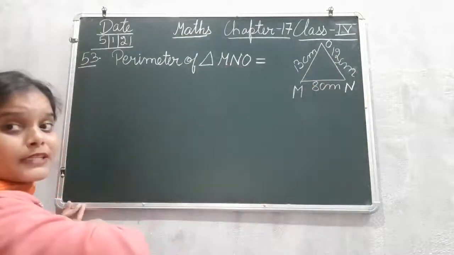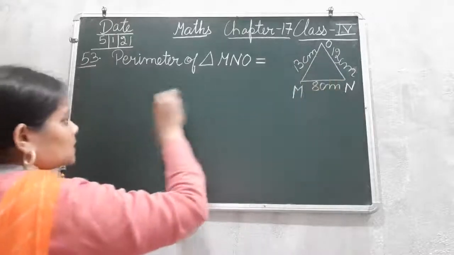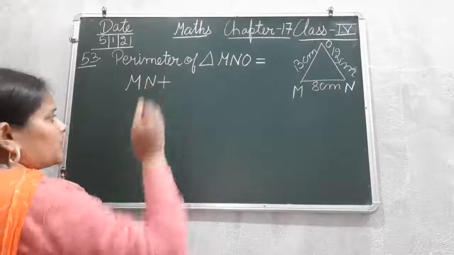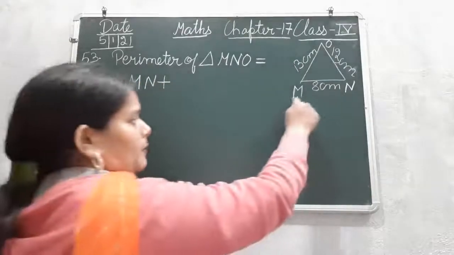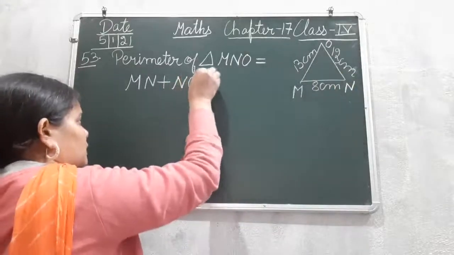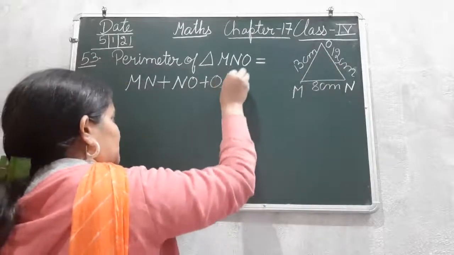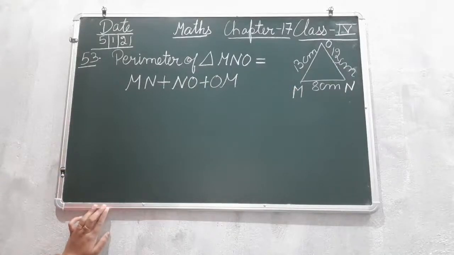So let's add the sides of all these. First of all, we are going to write the name of the sides. The first is MN, second is NO, plus next OM. So these are the three sides of the given triangle, MN, NO and OM.